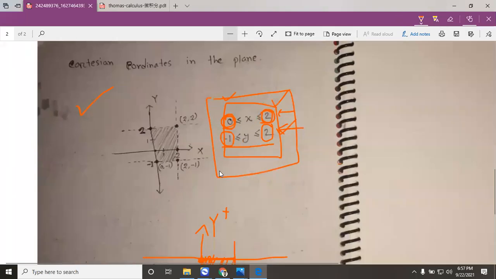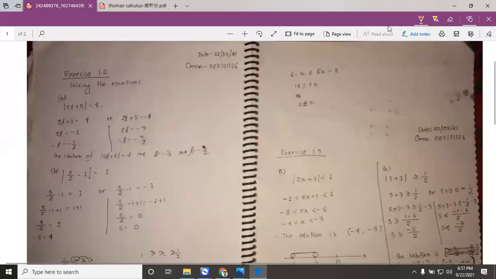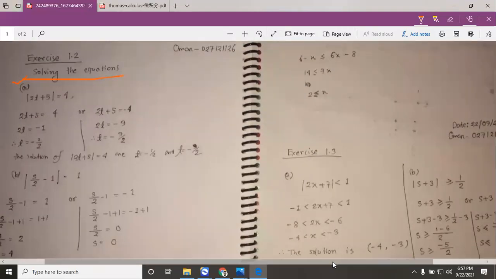So let's continue the previous part. Our teacher also taught us solving inequalities today, right?